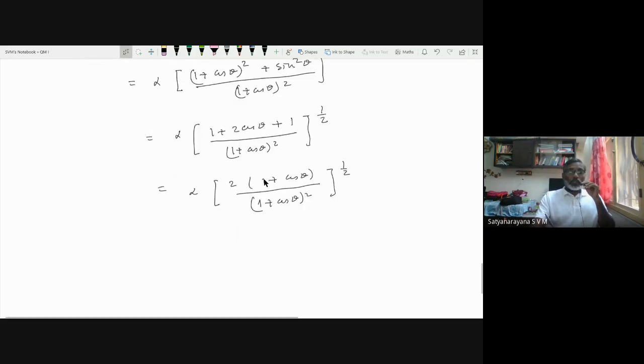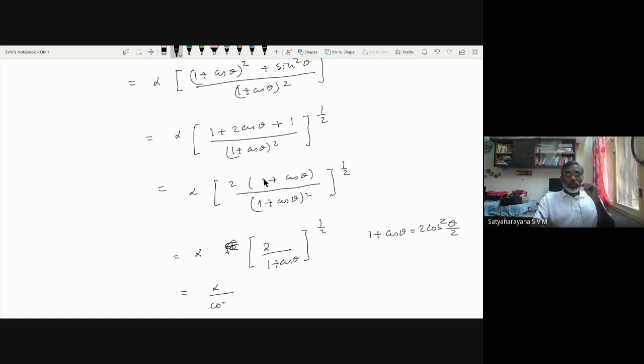So that is equal to alpha into root 2, divided by, or let us put this way, alpha times 2 divided by 1 plus cos theta. But 1 plus cos theta can be written as 2 cos square theta by 2, correct? So that is equal to alpha, there is a half here, so alpha by cos theta by 2.